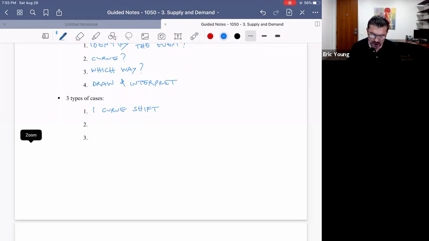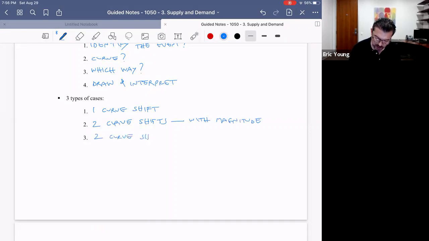Once you have that, you can progress to analyzing two curve shifts. You can analyze a two curve shift, we're going to say, with magnitude. Or case 3, you can analyze a two curve shift without magnitude. Now you're asking, what does this mean?